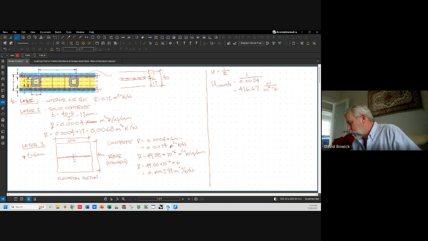Remember that R value is meter squared degree Kelvin per watt. U value is the inverse, watt per meter squared degree Kelvin. So that's the U of the concrete.